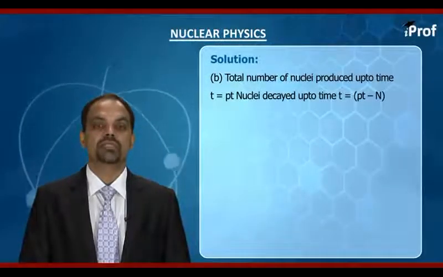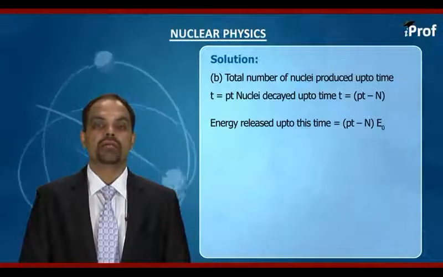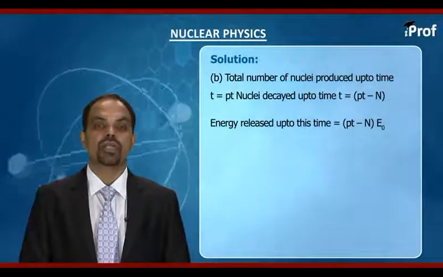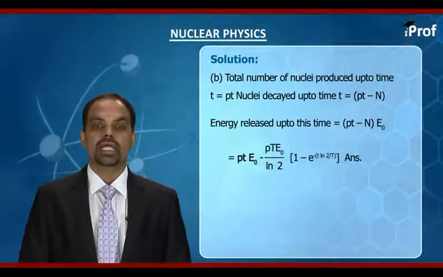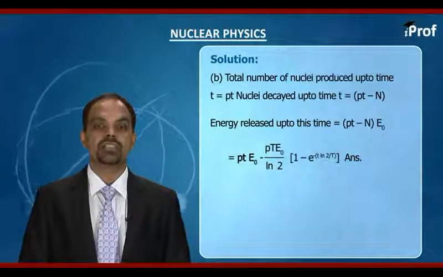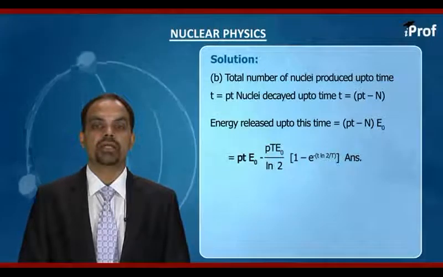So energy release up to this time will be obtained simply by multiplying the number of nuclei decayed by E naught. So energy release up to time t will be P t minus N in bracket multiplied by E naught.